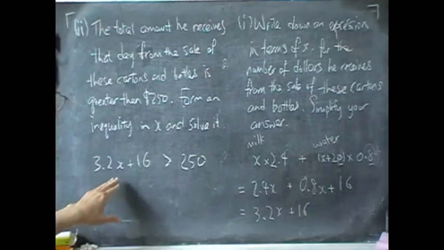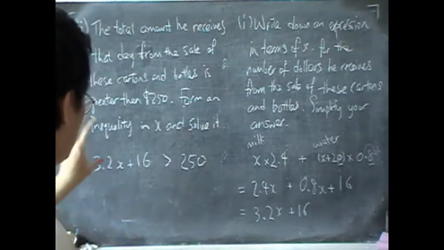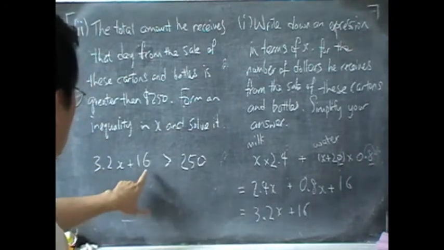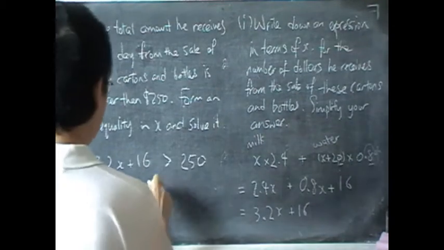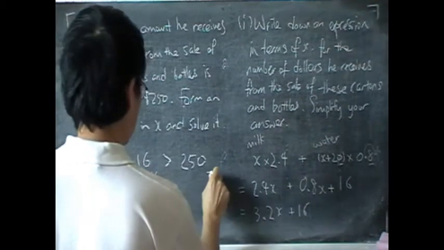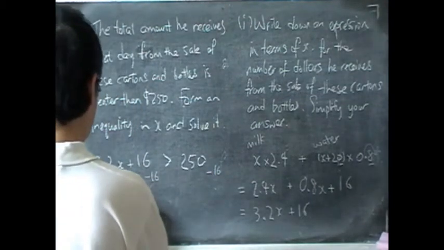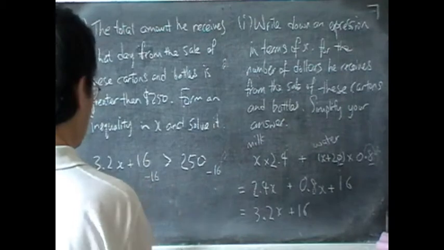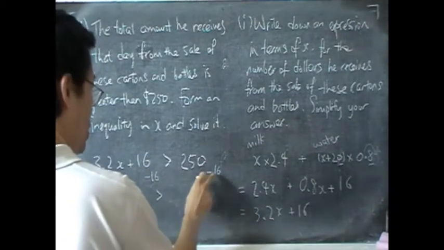Now, to solve for this, we want to rearrange this so that we have just x on one side. We can get rid of the 16 by subtracting 16 from both sides. That gives 3.2x, since 16 minus 16 is 0, is greater than 250 minus 16.